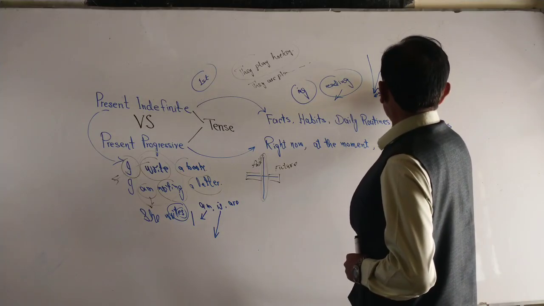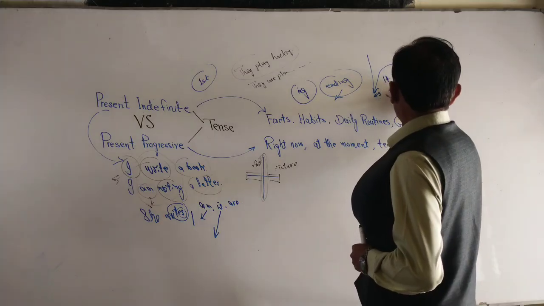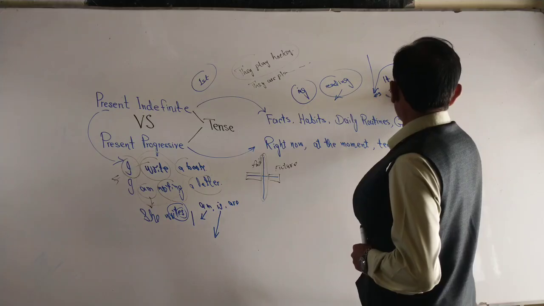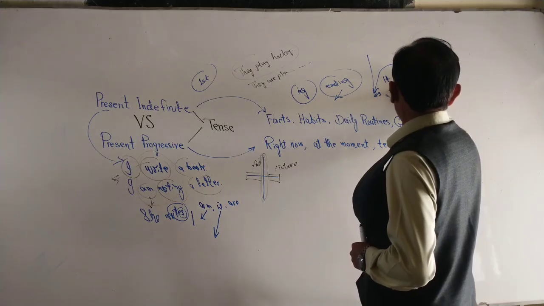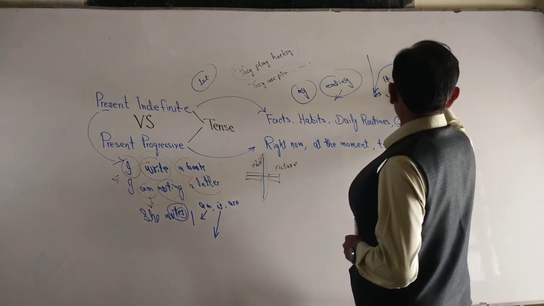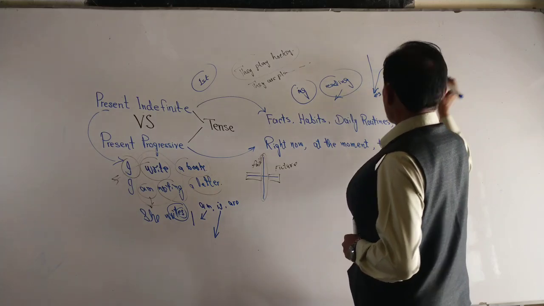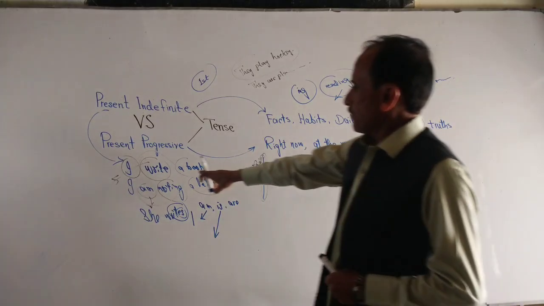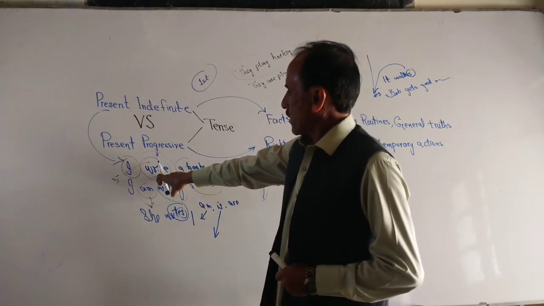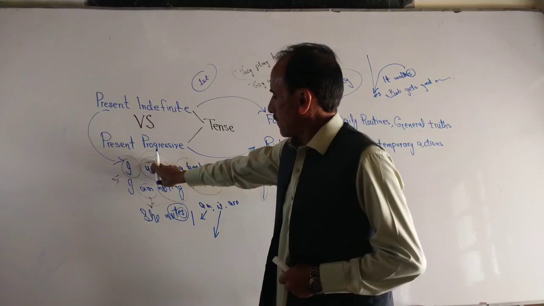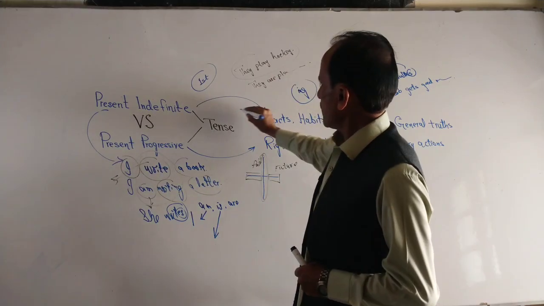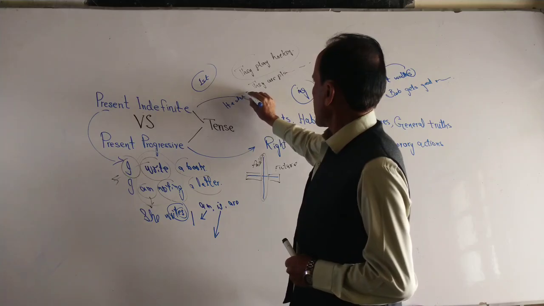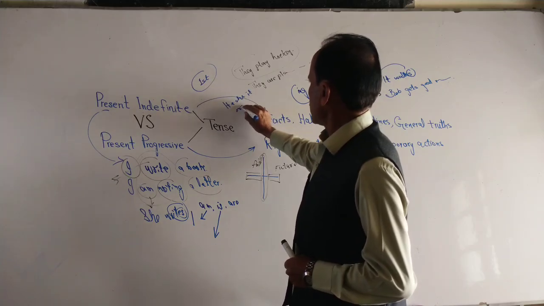Bob gets good marks. Bob gets good marks in every exam or in every test. It means we can add s or es with the main verb when the subject is he, she, it, or a singular noun.